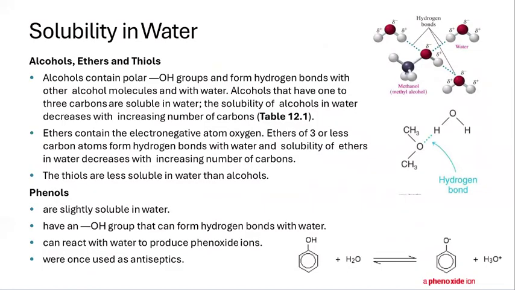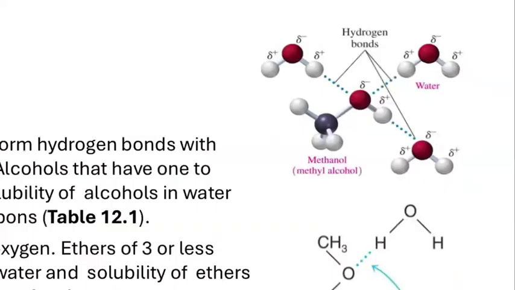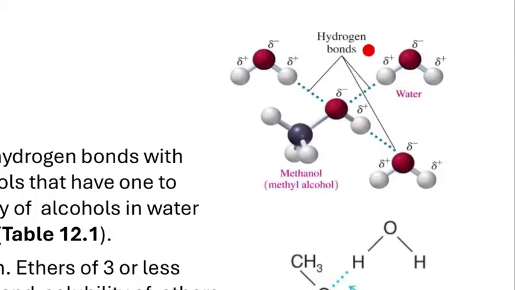Next, we're going to talk about solubility of these functional groups when it comes to water. Alcohols, ethers, and thiols, as long as they have a small number of carbon atoms in their structure, will be soluble in water. Because alcohols contain that OH group, when we see alcohols interacting with water, they do it via hydrogen bonding to the water molecule.